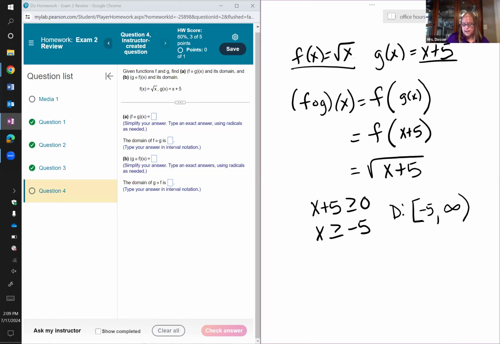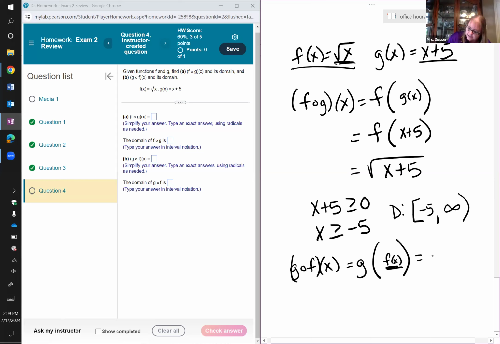Now we need to find the other way, g composed with f. So with g composed with f, this time, remember, is the same as g of f of x, which means we're replacing f of x here with the square root of x. We know f of x is the square root of x, so we can use that instead.